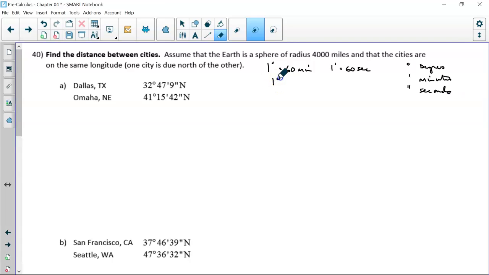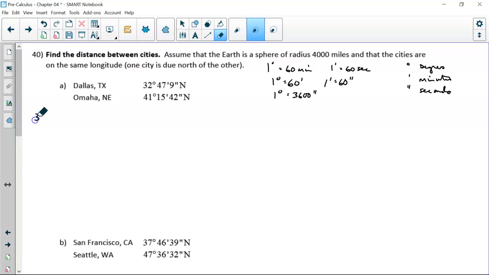So 1 degree is 60 minutes. 1 minute is 60 seconds. So with that, 1 degree is 3,600 seconds.